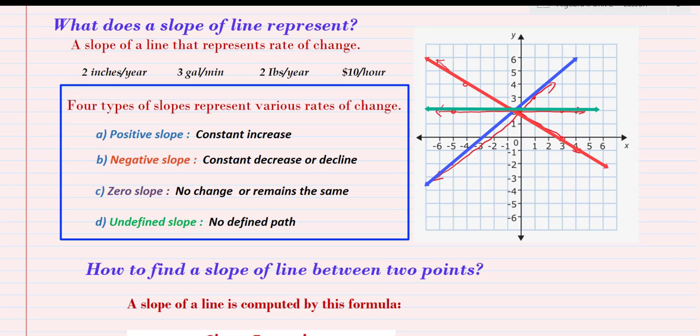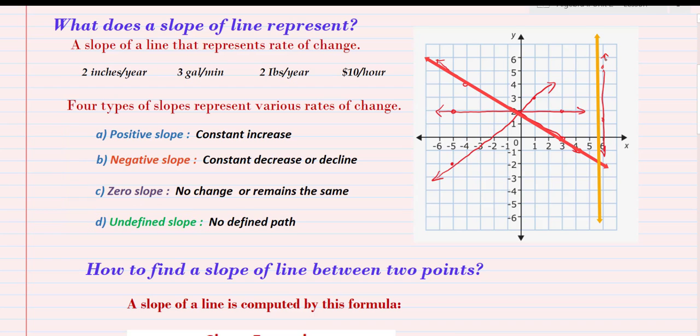We have a scenario where we have undefined slope, meaning it is neither positive, negative, nor zero, and it's represented by a vertical line. We can take 2 points to represent those. That's going to be a vertical line, it's undefined slope.